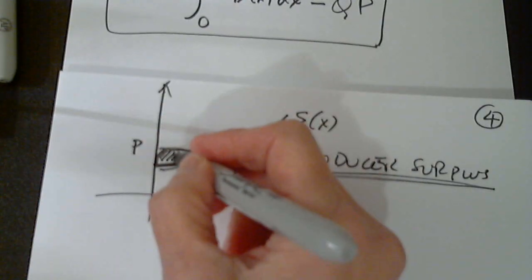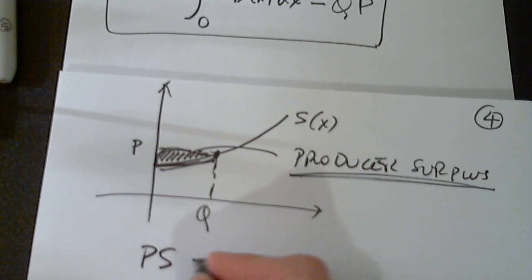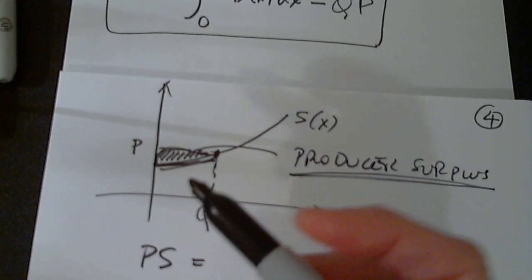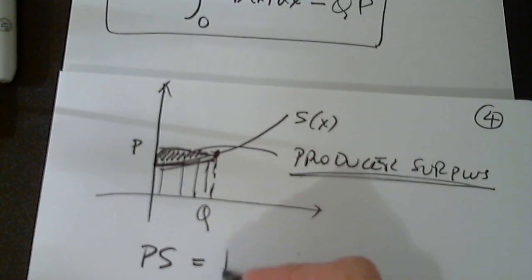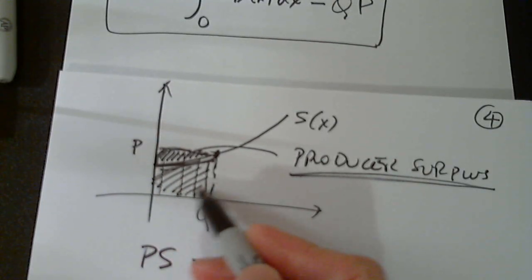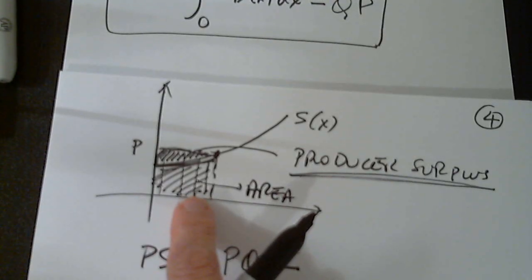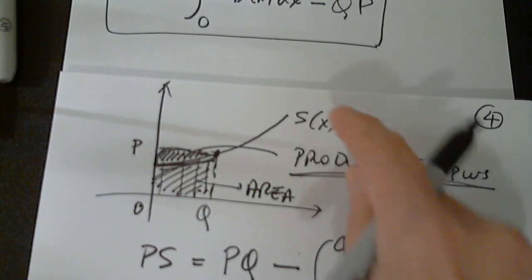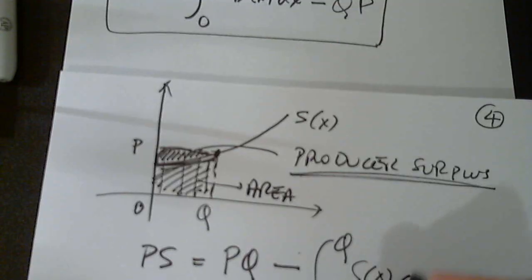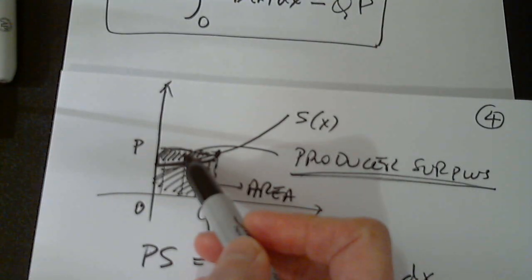Okay, so in order to find this area, which is the producer surplus, this time it's the reverse operation. I have the rectangle, which is P times Q, minus the area under the graph that we discussed and determined in chapter 4, which is the integral from 0 to Q of S of x dx this time, because this is above the curve.